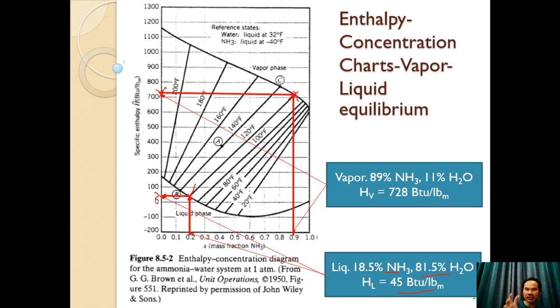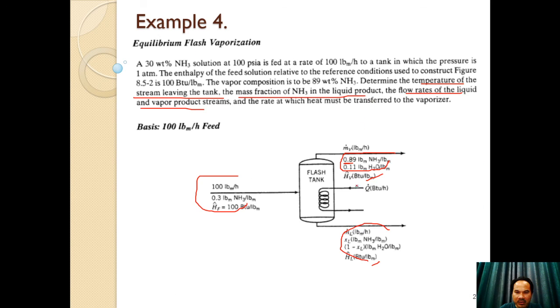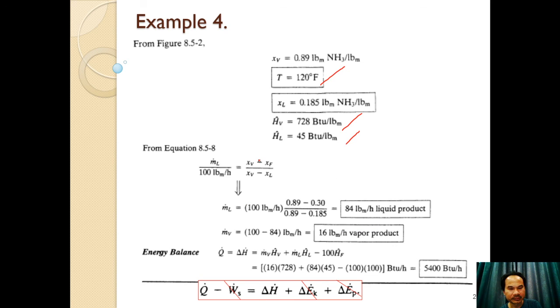Okay, for this case, you know the output, and then you can read from the figure the liquid phase and vapor phase. In this case, you know the enthalpy, SV, SL. So you know SV, you know SL, you know SF, you know the temperature. Right now we have MV, ML, and XL, 3 unknowns.